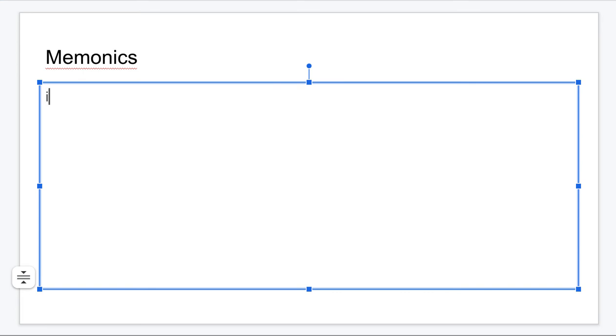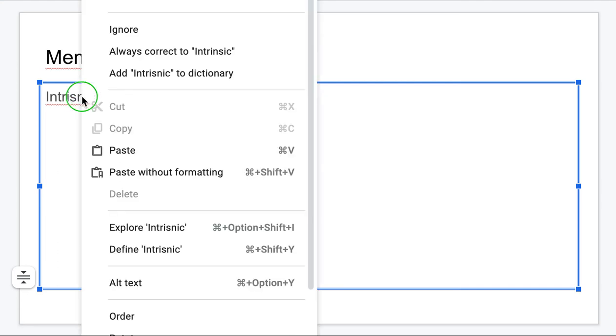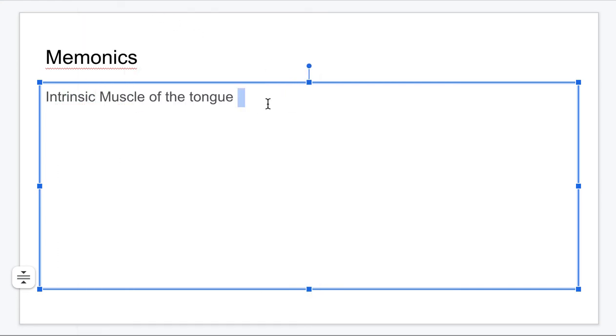The mnemonic is going to be for the muscles of the tongue. We know we call it the hypoglossal nerve, right? So how would it be?